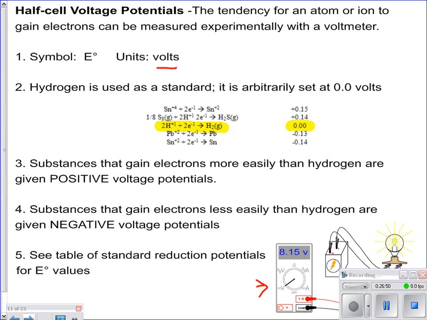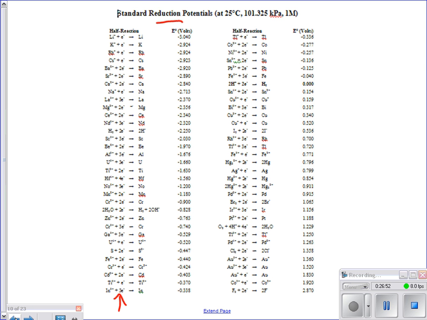When you look at your reduction potential table, notice right here is your 0 mark. So these guys that are more negatively charged, they are more easily oxidized. These guys that are positively charged are more easily reduced, is what we end up noticing.